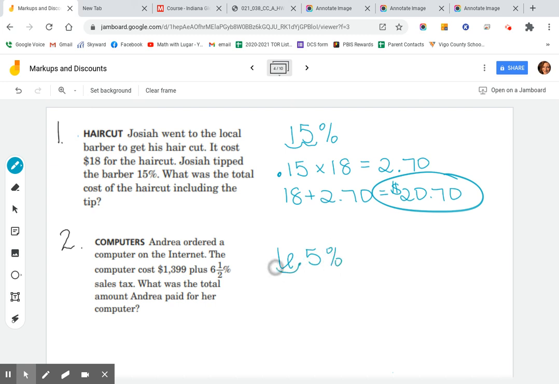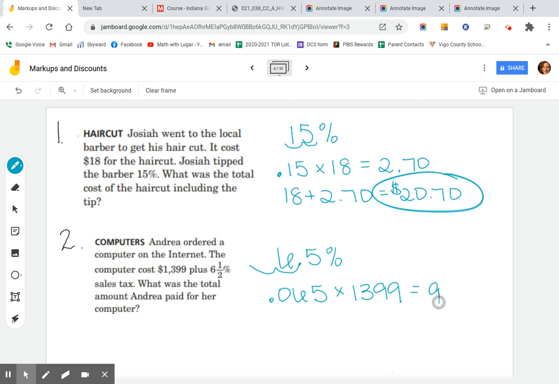And then I'm still going to scoot twice to the left. So that becomes 0.065. I'm going to take that times the original amount of $1,399. So pick up your calculator, type in 0.065 times 1,399.